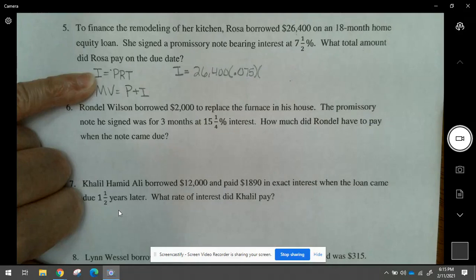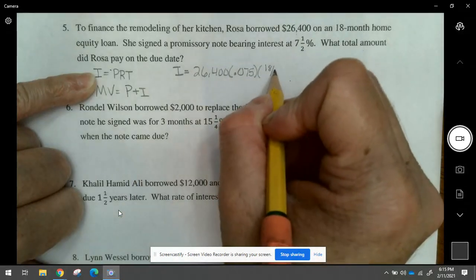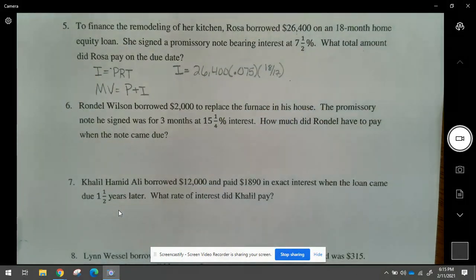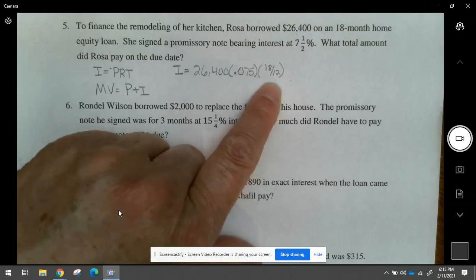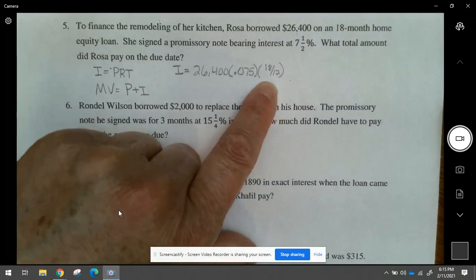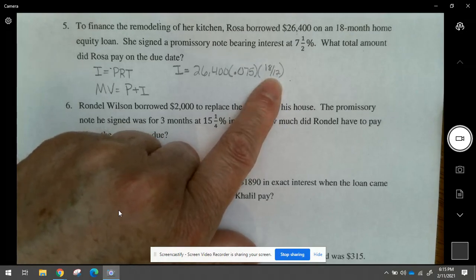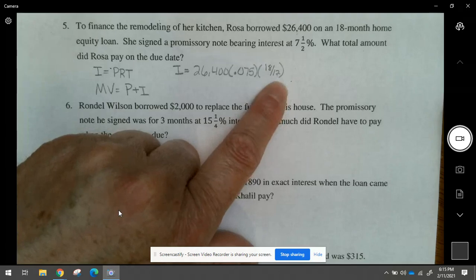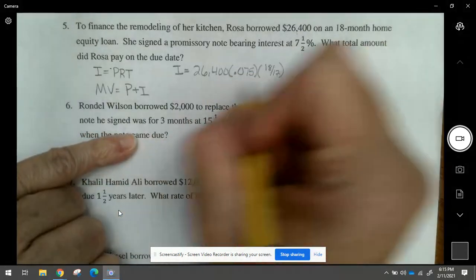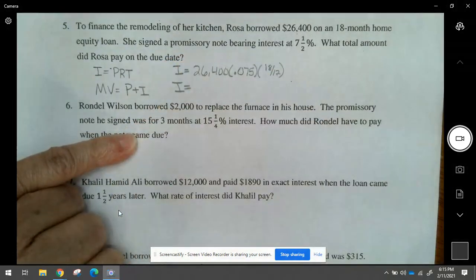And it's 18 months, so 18 over 12, because it's out of months, right? 18 months, 18 over 12, 12 months in a year. You could also use 1.5 here, because 12 months is a year, 6 months is a half a year, so 1.5 is also acceptable here. So let's calculate this interest now using our calculators.